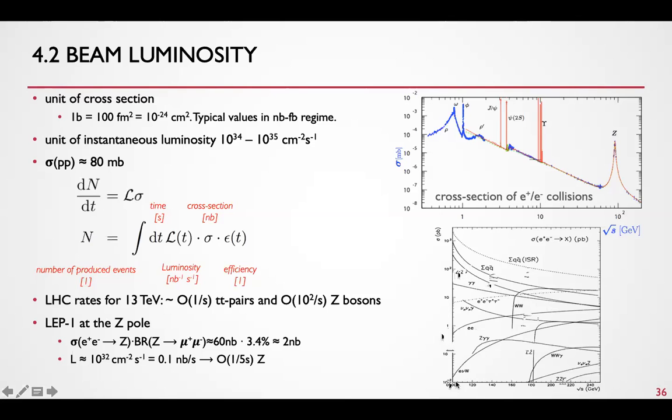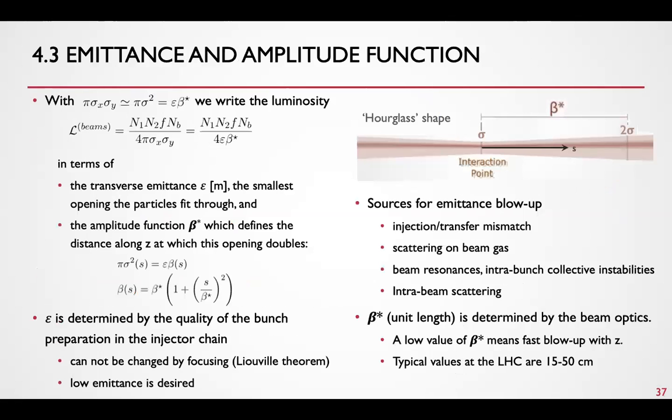The plot only starts at 100. It begins where this other plot ends. So if you go further down in energy, you leave the plot here and you enter this plot here, and you see all these interesting processes popping up that you can then measure and compare theory with experiment. Good.